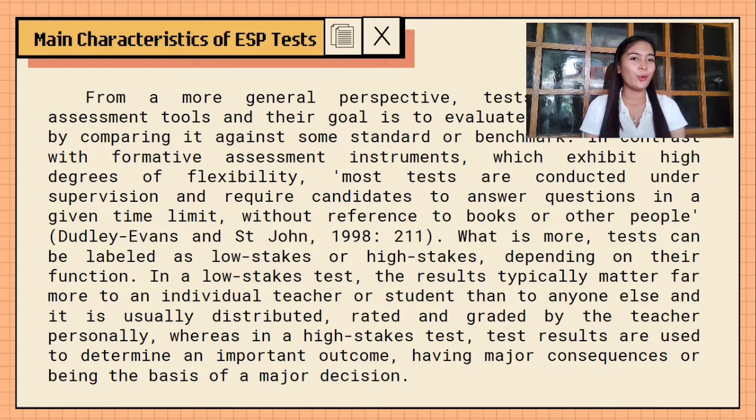Whereas, according to Cole and Osterlind 2008, a low-stakes test has no major effect or serious consequences for the test taker. A high-stakes test, on the other hand, has some academic or other serious consequences for the students.